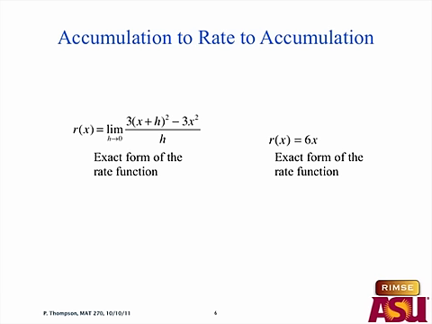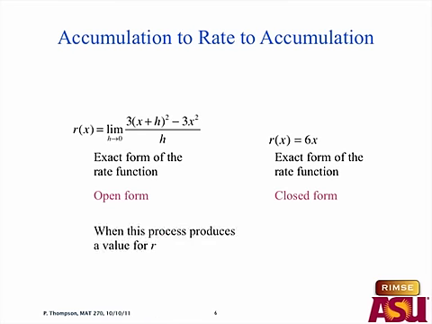So it reflects the process of building that rate step function and letting h get very small. And then that's the closed. Same thing. Okay, so when this process gives us a value of rate, we get the same rate if we use this.